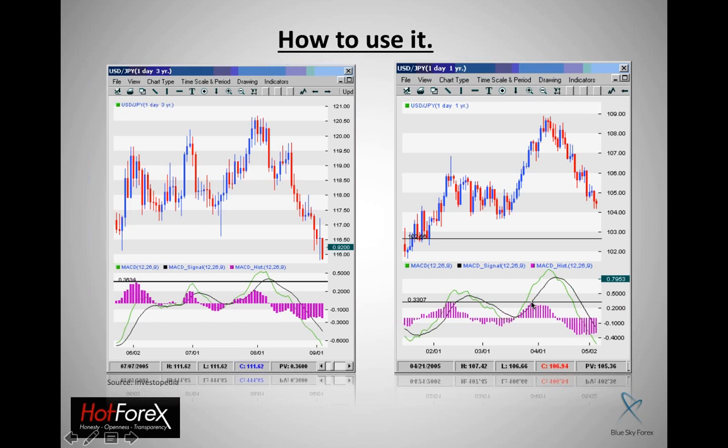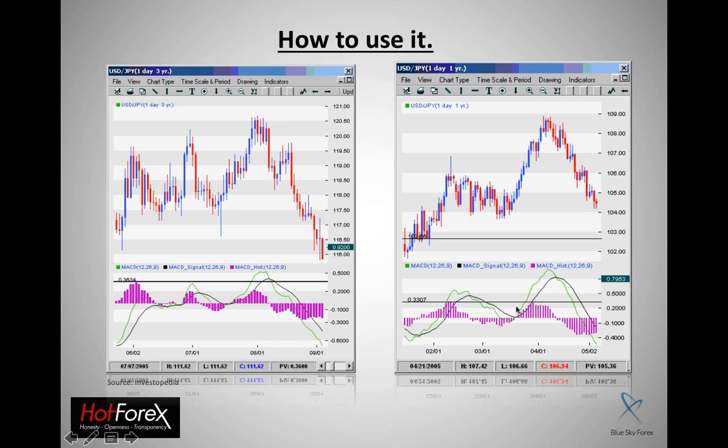That's known as divergence, right? So you want this second hill to be at the same level or lower, which was the case in this case, than the first hill. And in this case, mind you, it's topped out at 0.3307. The histogram has failed to rise above 0.3307.